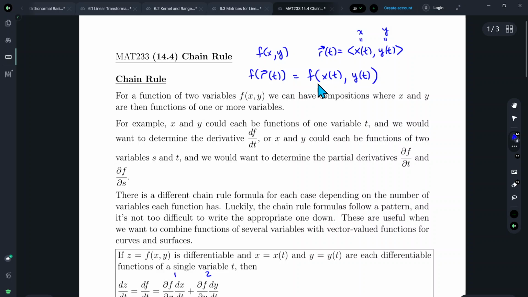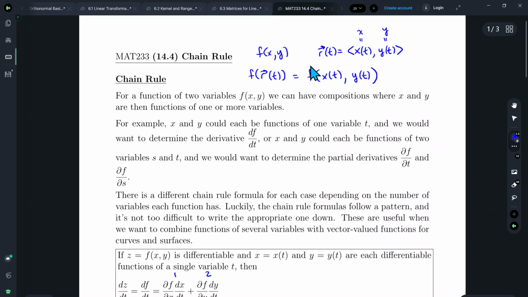Once we perform the composition, f is then ultimately a function of a single variable, because t is essentially the input here, and then f is the output.